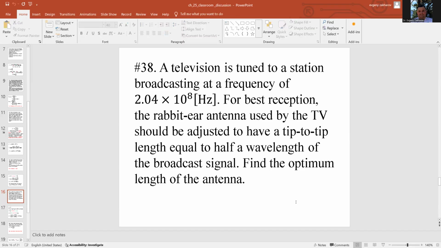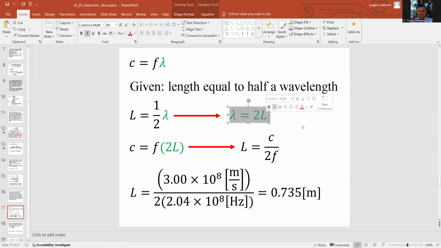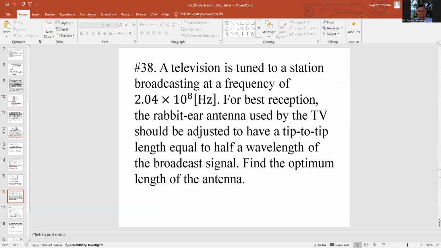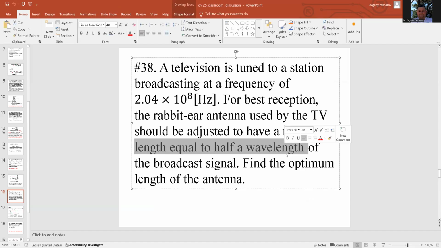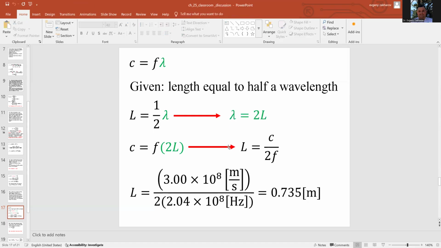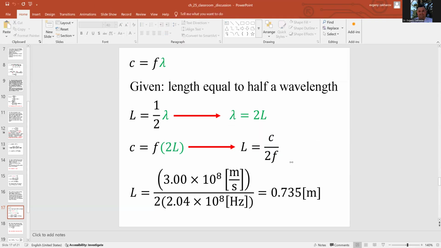So you still use the same equation, the speed of light equals frequency times the wavelength, but the wavelength is double the length of the antenna. It says length, capital L, is half a wavelength for the optimum reception. So the length is half the wavelength, which means the wavelength is double the length. And you throw the double length into the frequency and wavelength formula to solve for the length of the antenna and plug in the values.